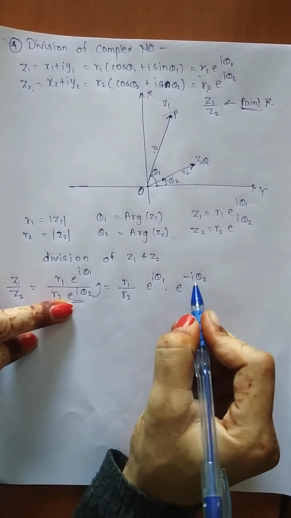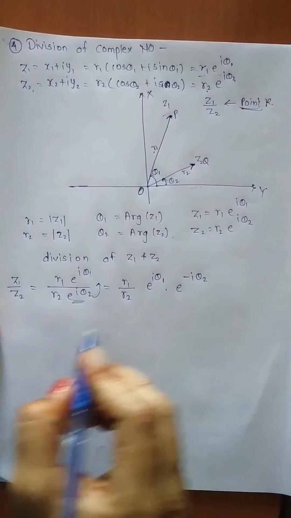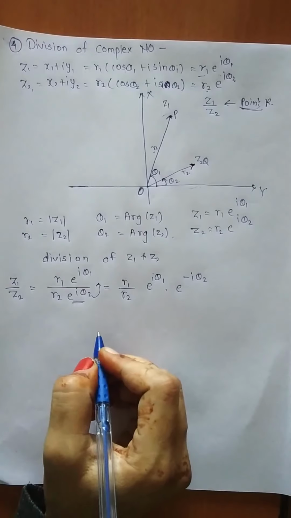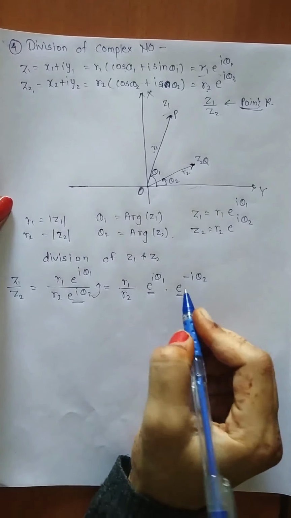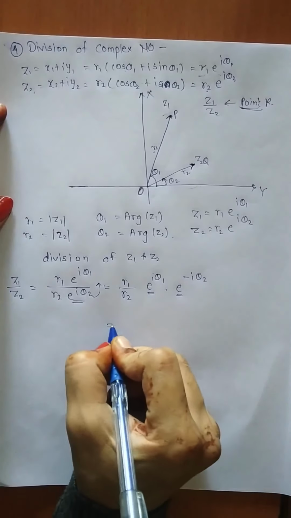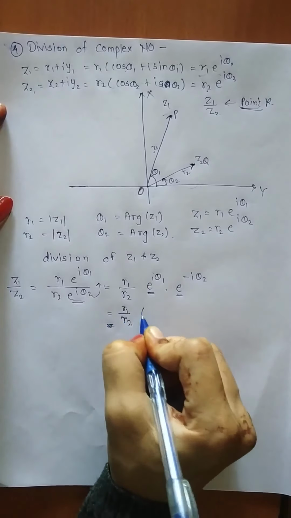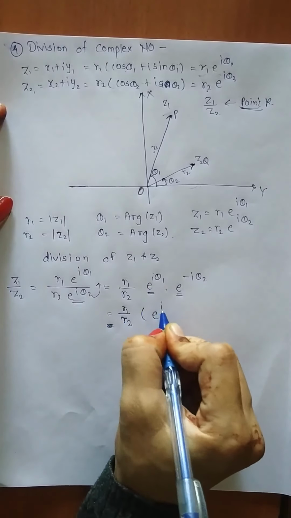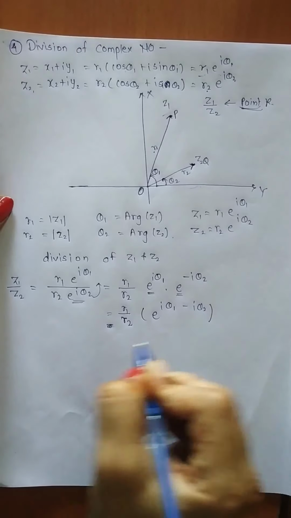Therefore it will become e raised to minus i theta 2. You know this mathematical procedure. When the base is the same, we can add or subtract the powers. So I can write this as r1 upon r2 into e raised to i theta 1 minus i theta 2.